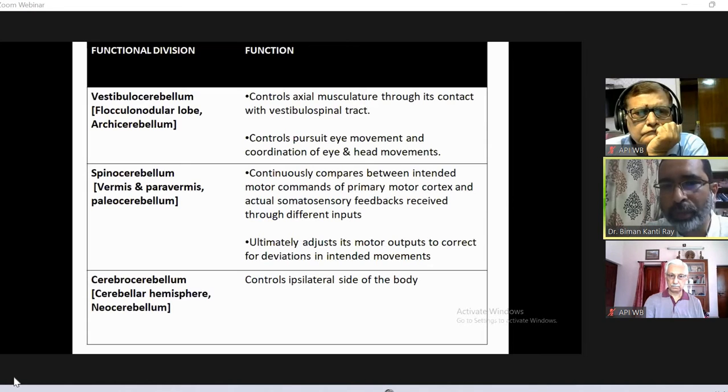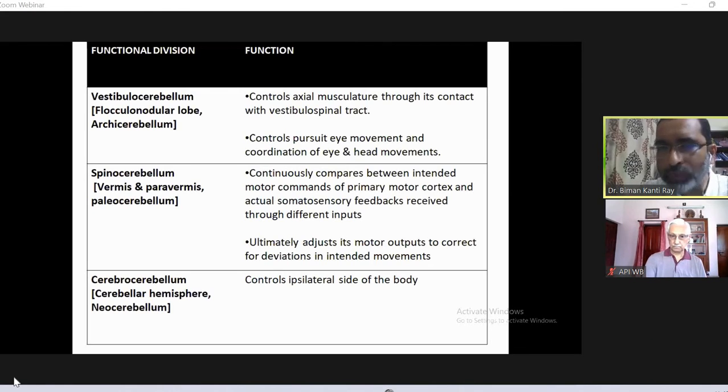And this is very important in control of pursuit eye movement and also control of eye and head movement. So remember these three things. One is control of axial musculature, control of eye movement, and control of coordination of head and eye movement. This part is done by the vestibulocerebellum, that is the flocculonodular lobe, that is the archicerebellum.